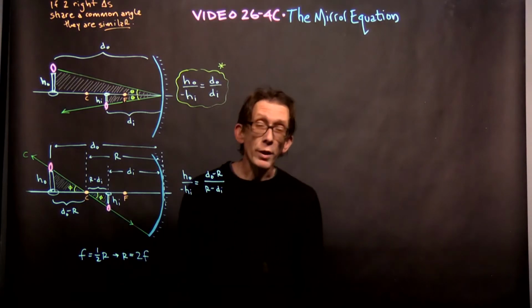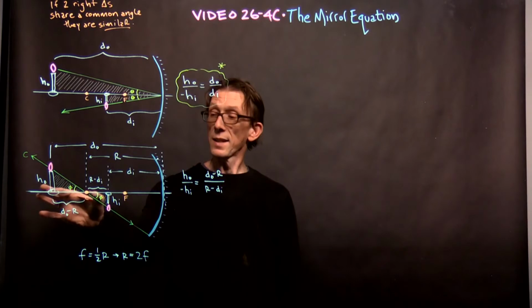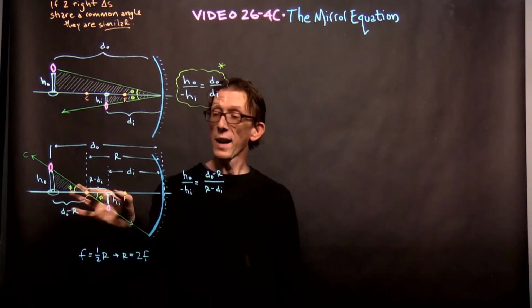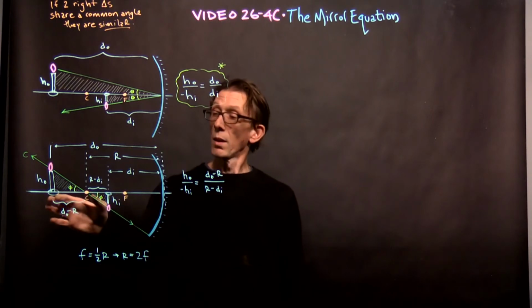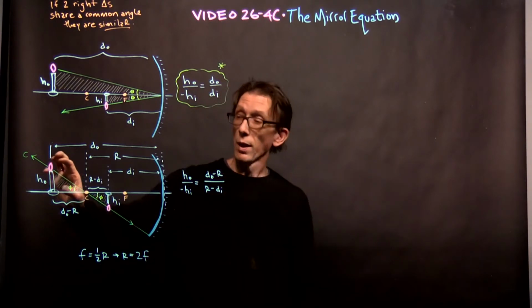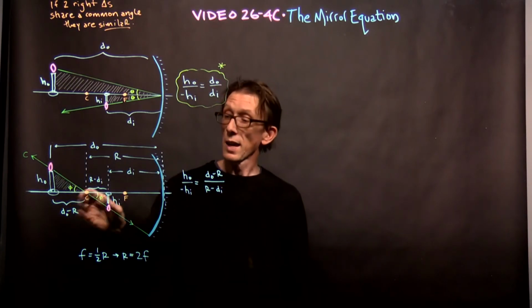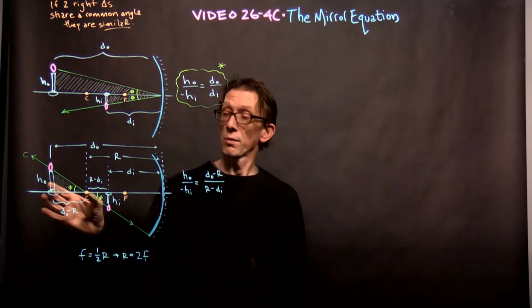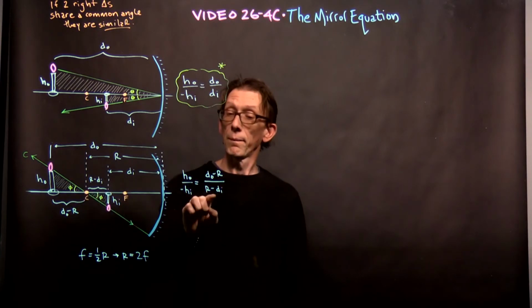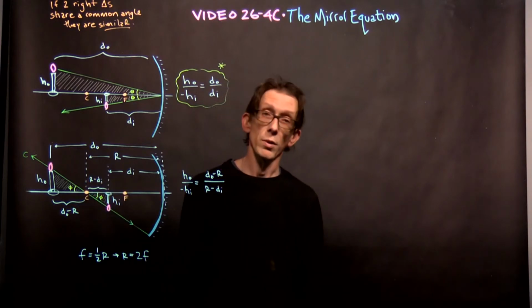So again, it's an argument from similar triangles. HO is to negative HI as this side, D naught minus R, is to that side, R minus DI. Let me say it one more time to make sure I said it right. HO to negative HI is the same as D naught minus R, the side of the larger triangle, divided by R minus DI, the similar side of the smaller triangle.